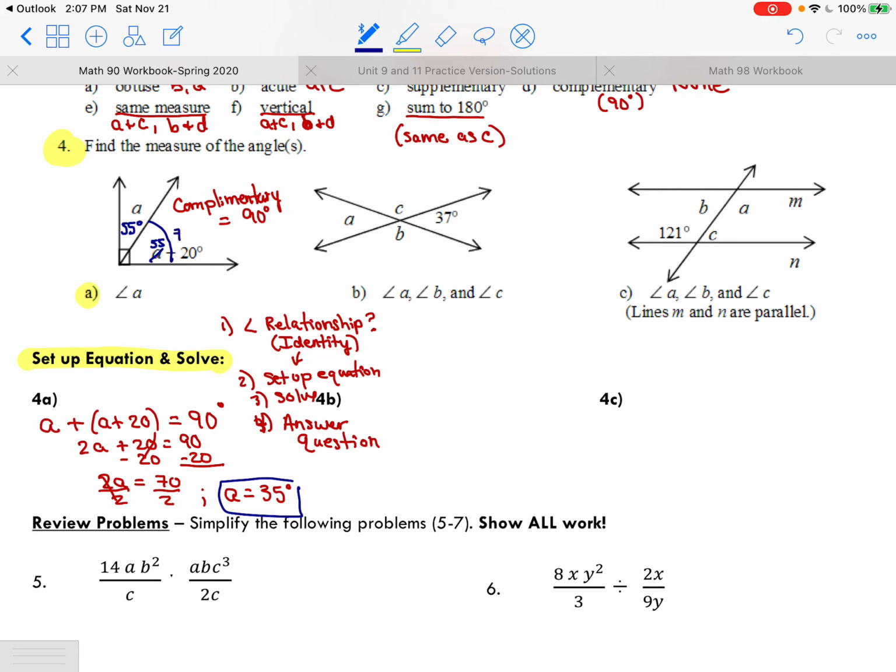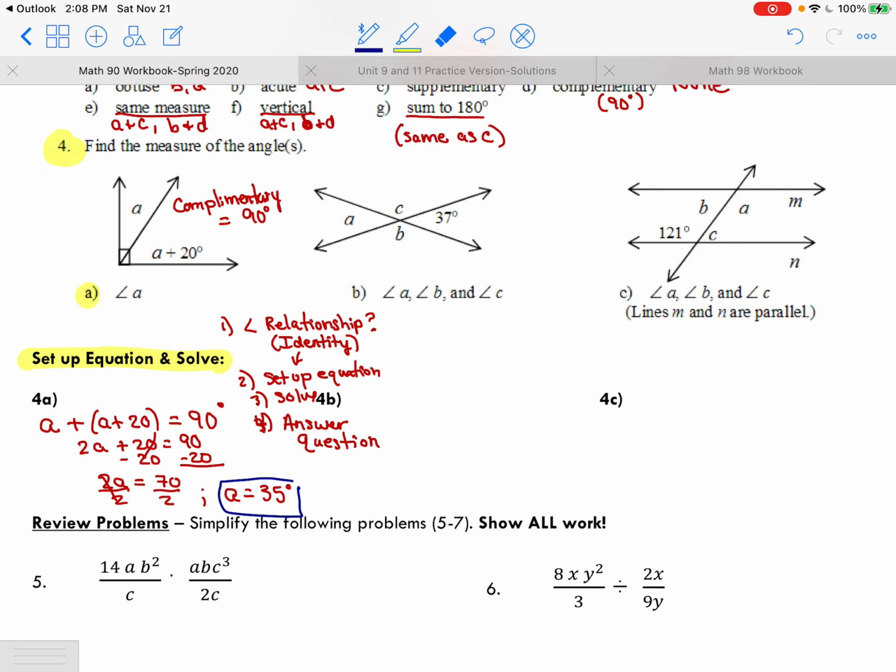So we know that this angle right here is 75 degrees. Then we can, whoa, what happened here? Oh, minus 20. What? That's not right, guys. What did I do? 70. Oh, 35. That's why. I'm like, okay, well, actually, it's probably good that I did that.